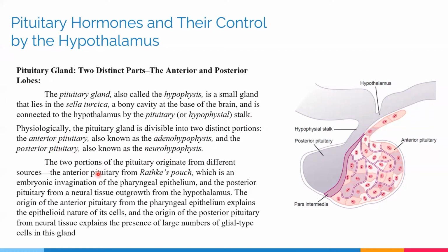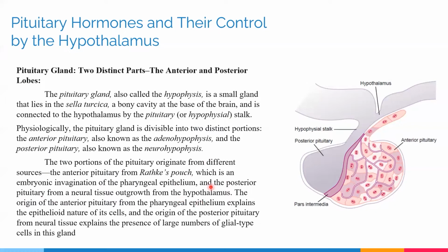The two portions of the pituitary originate from different sources. The anterior pituitary from Rathke's pouch, which is an embryonic invagination of the pharyngeal epithelium, and the posterior pituitary from a neural tissue outgrowth from the hypothalamus.